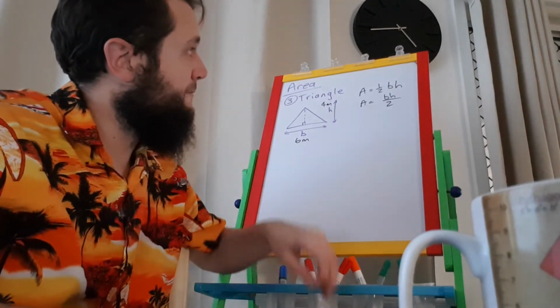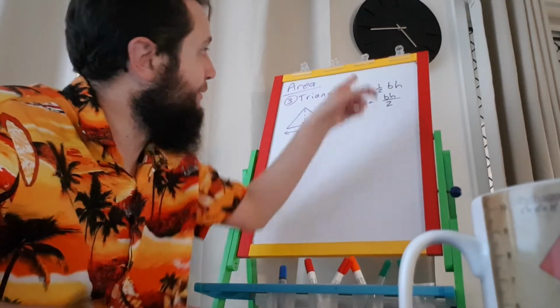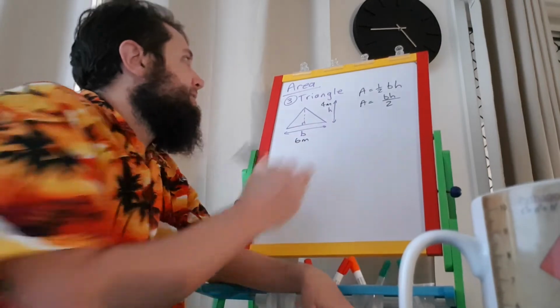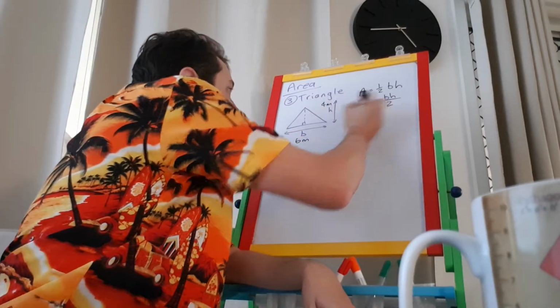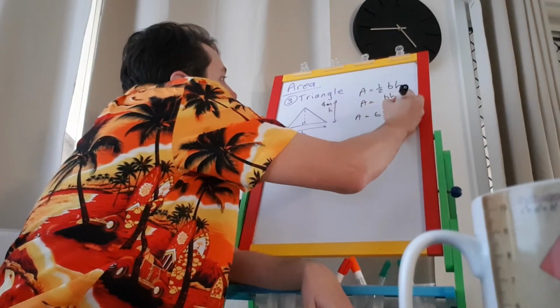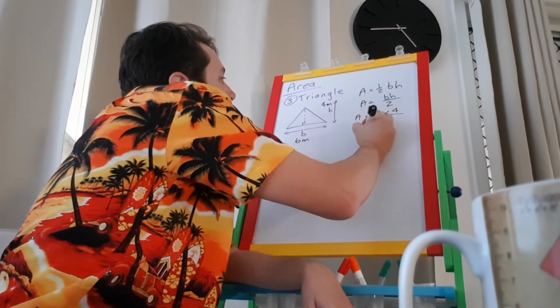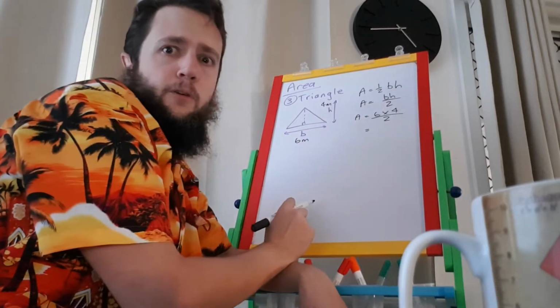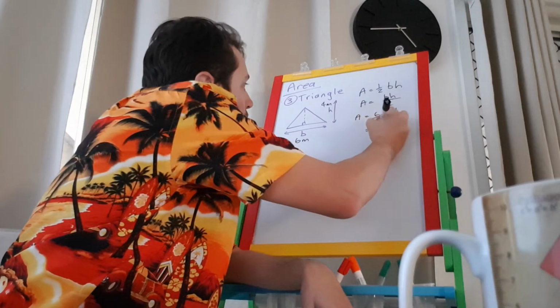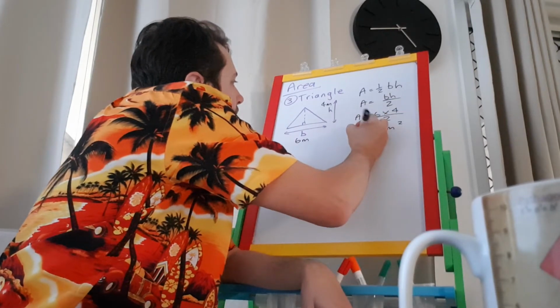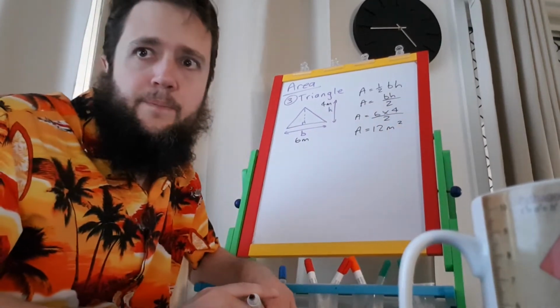I'm only writing one line on it and don't even have to write the 1. So in this case, the base was 6, the height was 4. Put it in our formula. 6 times 4 is 24, divided by 2 is 12 metres squared, because we're dealing with area.